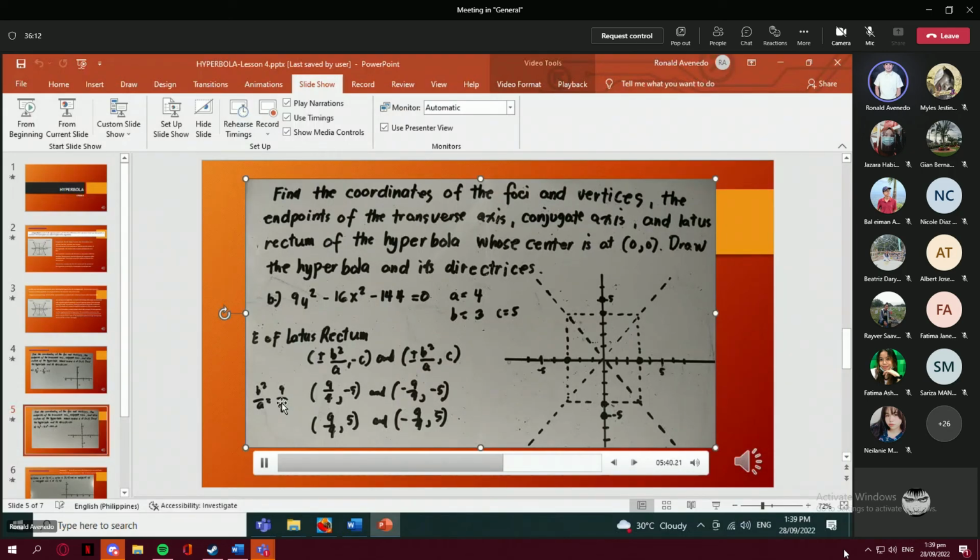So x is positive 2 and 1/4, negative 5. Then negative 2 and 1/4, negative 5.